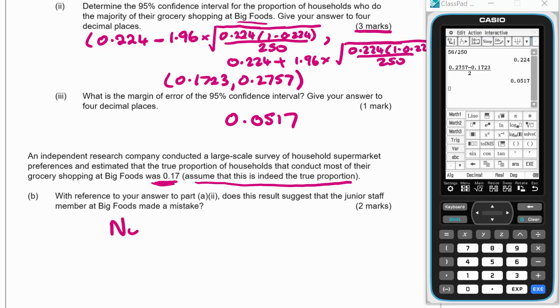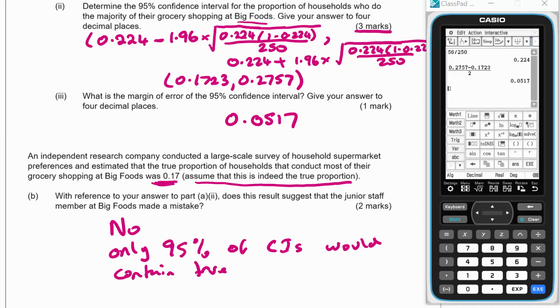Well, the answer is no, because only 95% of confidence intervals would contain the true mean. Therefore, the confidence interval here, even though it doesn't contain this true mean of 0.17, is still a perfectly valid confidence interval.